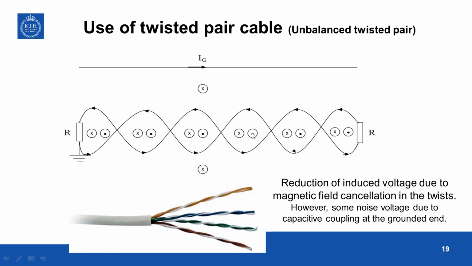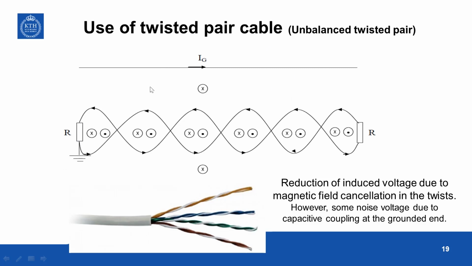So the magnetic field is coming out. So you have a net current flow over here. Here it is connected to the reference, so you have a net voltage drop across this. So this is called unbalanced twisted pair.